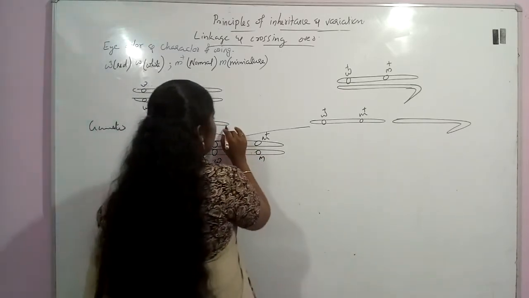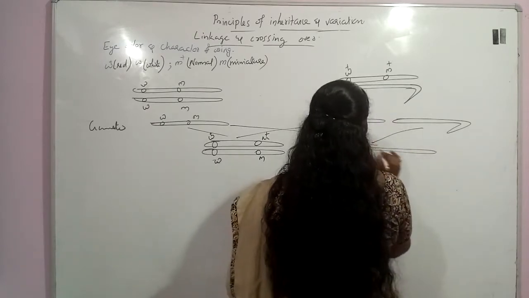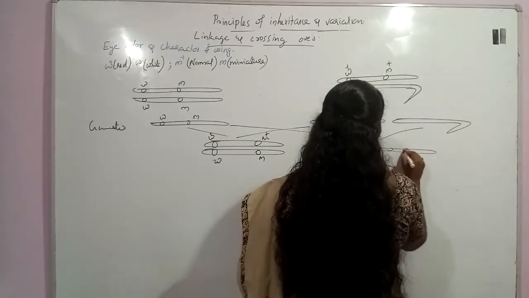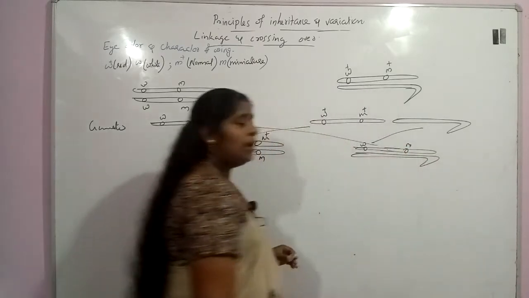And we also get the recessive male, WM on the X chromosome with one Y chromosome.